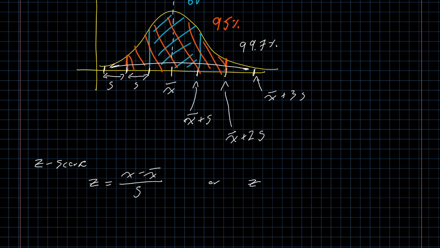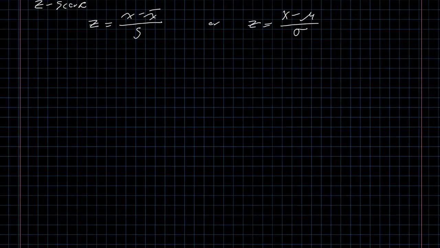Or if you have population data, you can take x minus your population mean mu and divide by the population standard deviation sigma, and you get a z-score just as easily. They work the exact same way. I like using z-scores as a tool for comparing results in 2 different distributions.